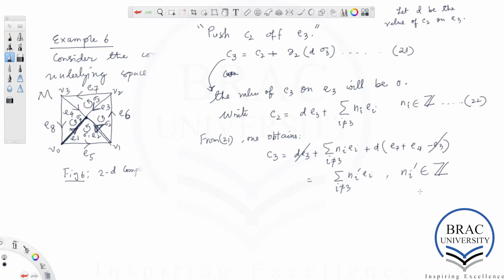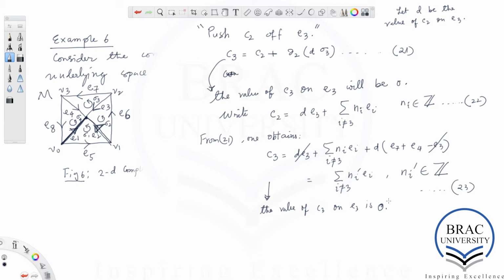So this is our equation number 23. So equation 23 reveals the fact that indeed the value of C3 on E3 is 0. In other words, we have been successfully able to push C2 off E3 by adding a boundary term. Okay, good.